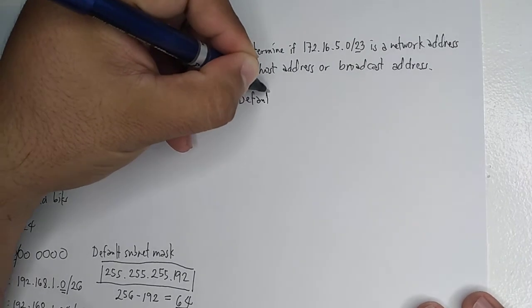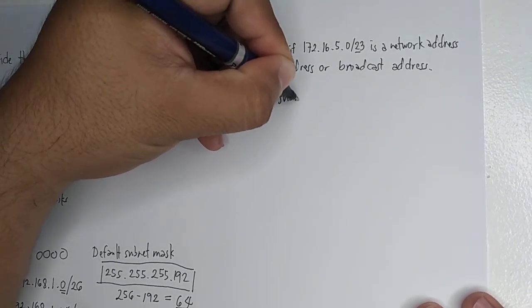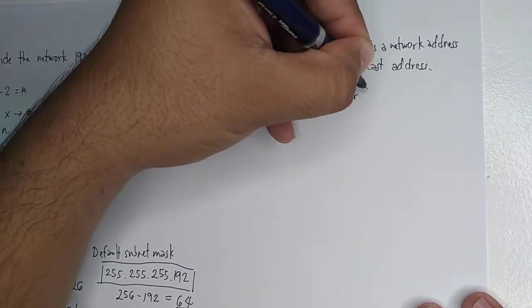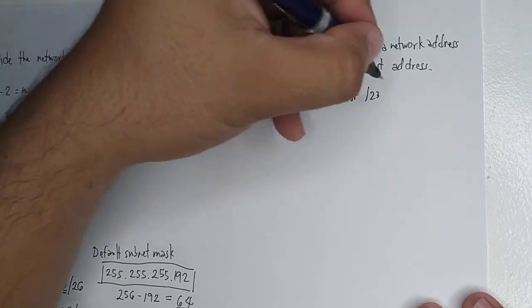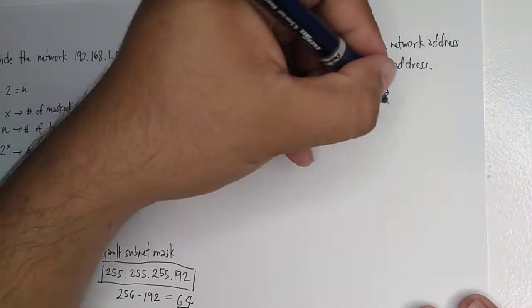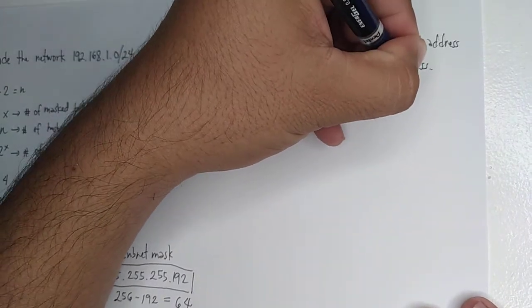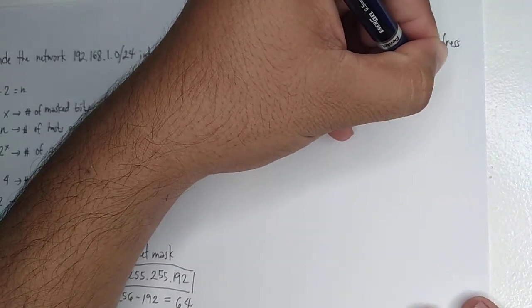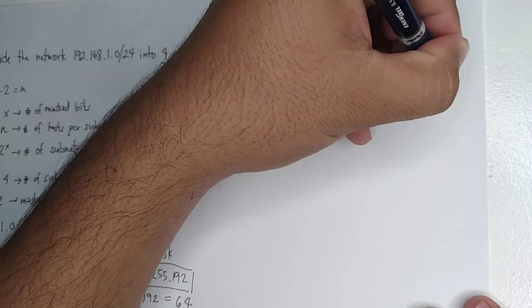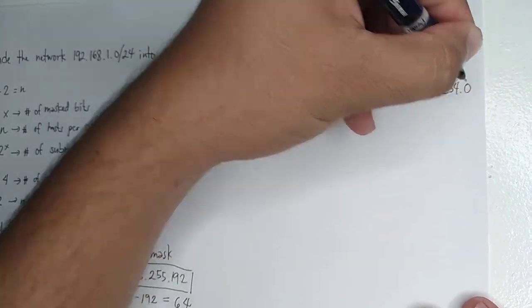The default subnet mask for /23 is 255.255.254.0.